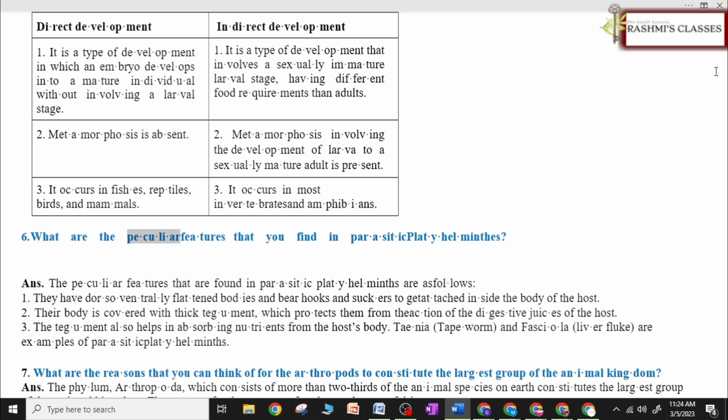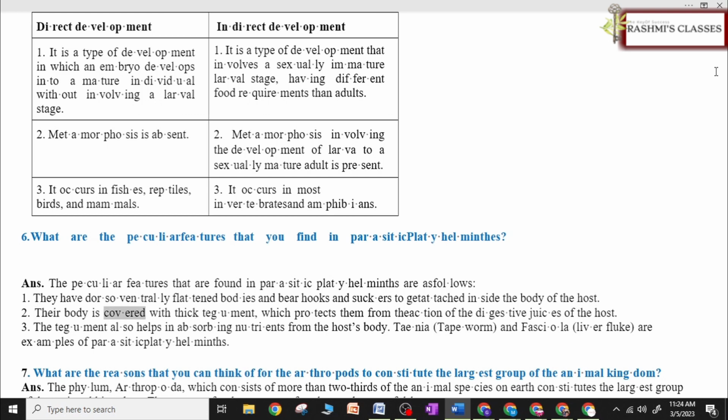What are the peculiar features that you find in parasitic platyhelminths? The peculiar features that are found in parasitic platyhelminths are as follows. They have dorsoventrally flattened bodies and bear hooks and suckers to get attached inside the body of the host.